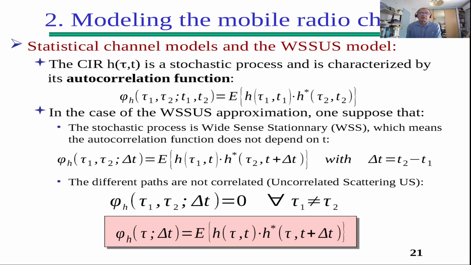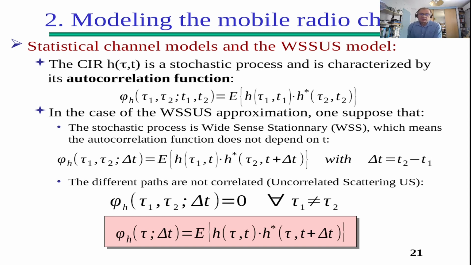and that the channel impulse response can be characterized by an autocorrelation function, which is represented by the first equation on this slide. And the second element for the approximation is also to suppose that the stochastic process is going to be WSSUS, meaning that it's wide-sense stationary, meaning that the autocorrelation function does not depend on t.